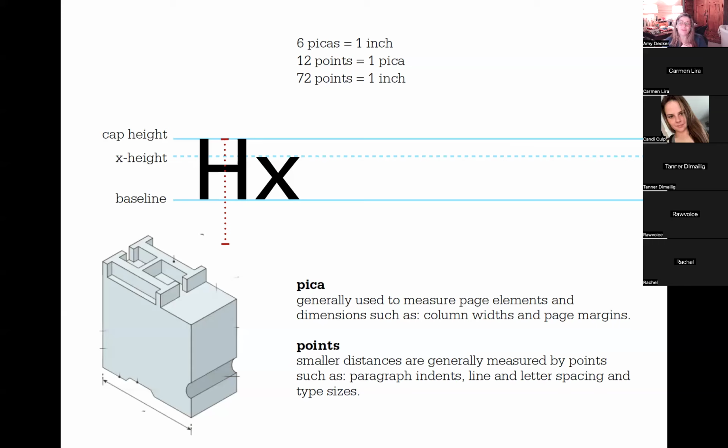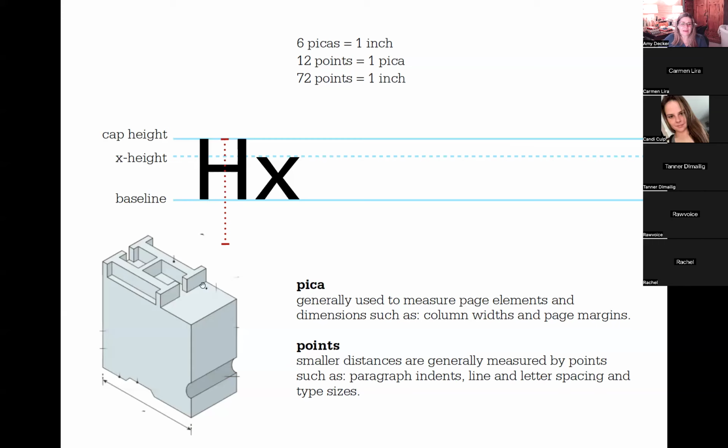That was the first printing press that Johann Gutenberg used. This is how the type was. The metal type is attached to a wooden block. And so the height that we're measuring from, as I said, does not go from baseline to cap height. It actually goes from descender to ascender.